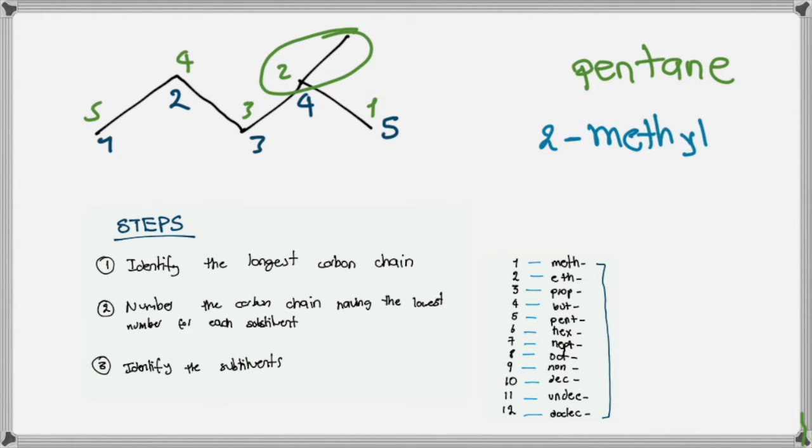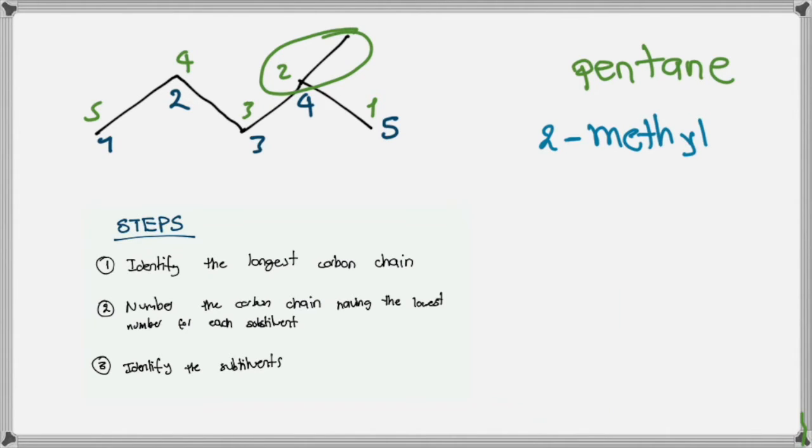At the end, if we name this compound, we're going to end up with the name: number, substituent, carbon chain, right? It's going to be number, line, substituent, line, main carbon chain.